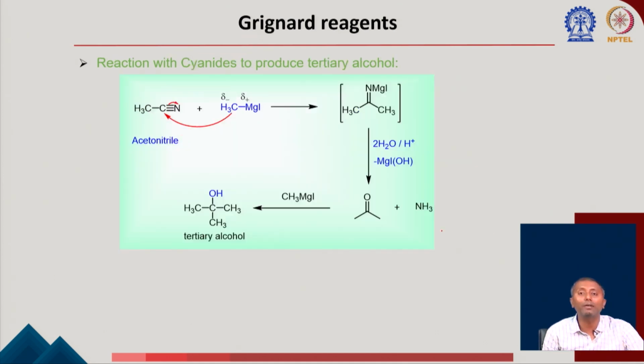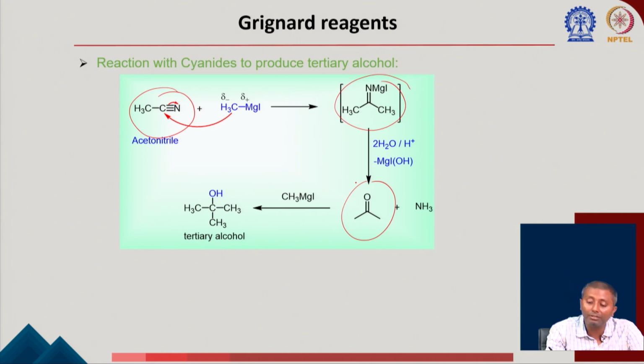Very similar to the organolithium, it can attack the corresponding acetonitrile, or the corresponding cyanide. It is going to form this corresponding imine, and then the imine is going to hydrolyze to form the corresponding ketone. Again, in this reaction, once it forms the corresponding imine, it is going to stay there as the imine, because the Grignard could attack the imine only after the workup, correct?